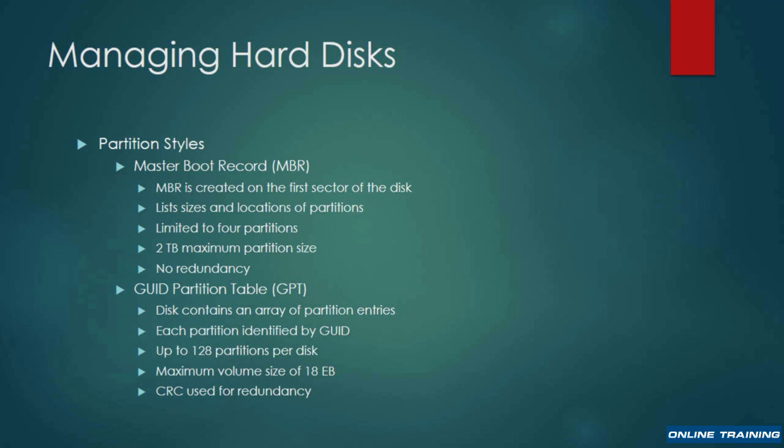There is some redundancy. It's a CRC, a cyclical redundancy check, that's used in order to ensure that if the table is lost or those entries for the partitions are lost, that they can actually be rebuilt. So GPT is more redundant, and GPT is going to provide us with additional capabilities.